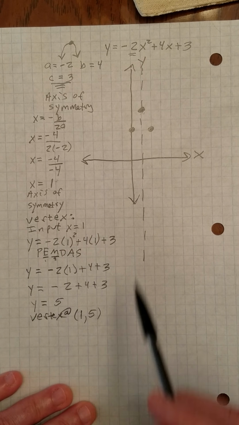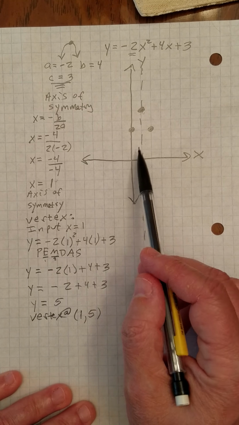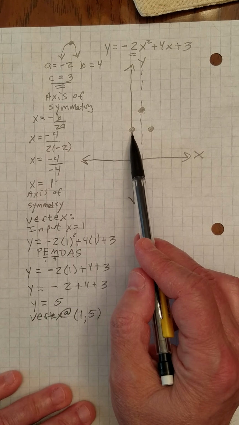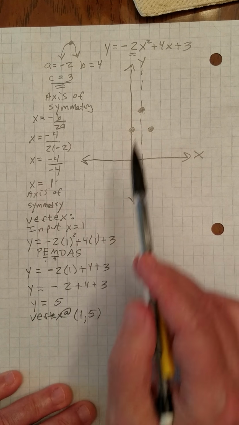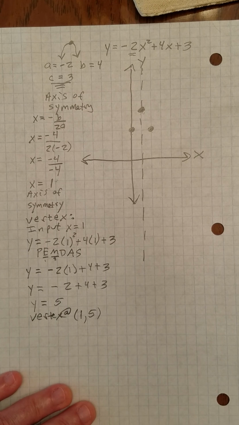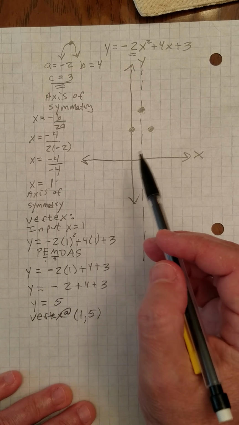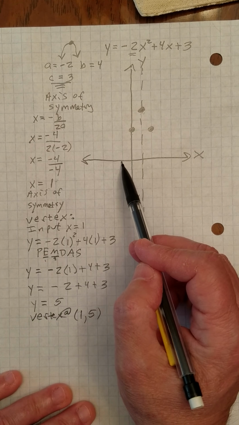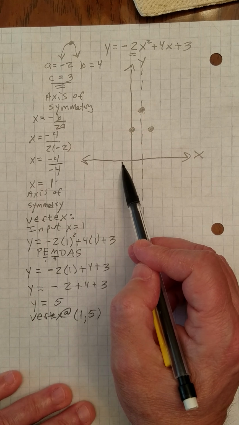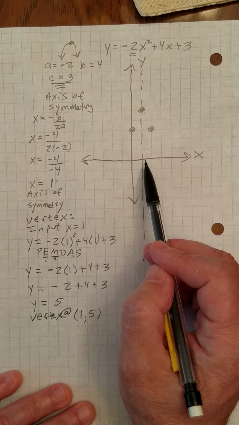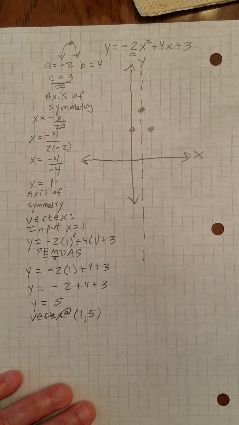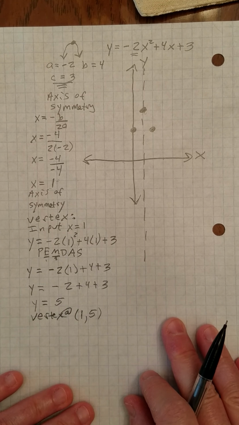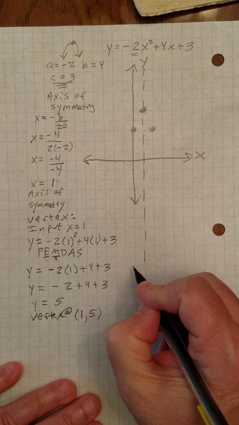In fact, at this point, you cannot use x equals 0, x equals 1, or x equals 2. You can't use any of those. So we've got a choice of either x equals -1 or x equals 3. And I guess I'll do the 3. I like to use x values that are positive when I can.